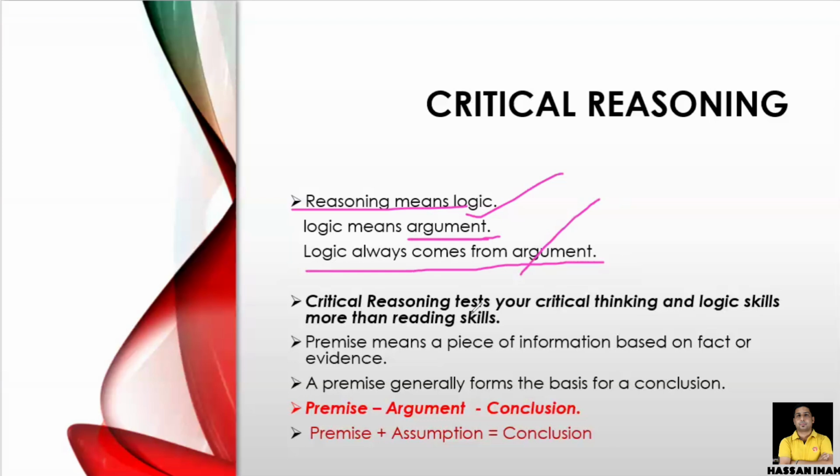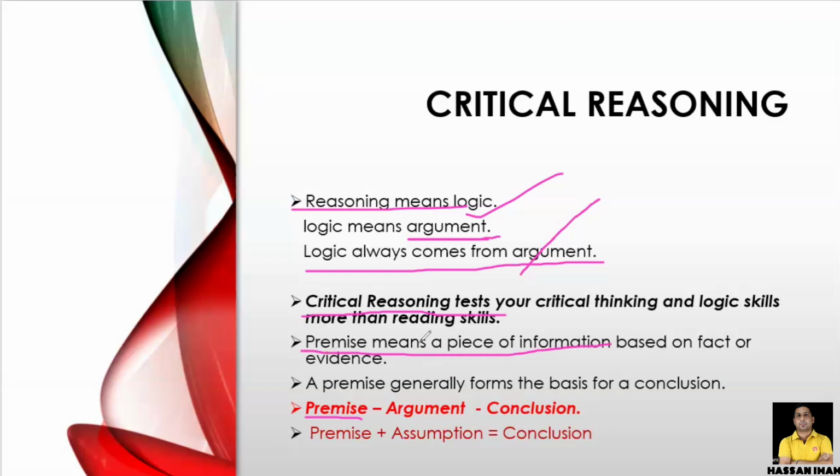So let us understand about critical reasoning. Critical reasoning tests your critical thinking and logical skills more than your reading skills. In critical reasoning, we need to understand a couple of things which are quite crucial. First one is premise. Premise means a piece of information based on fact or evidence.